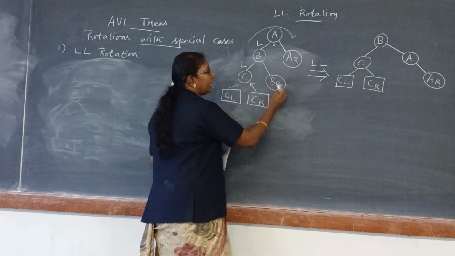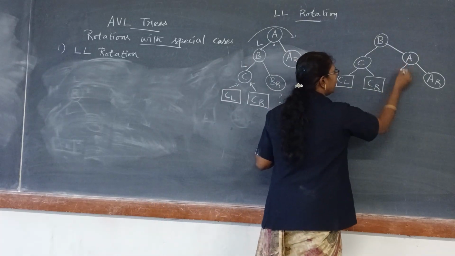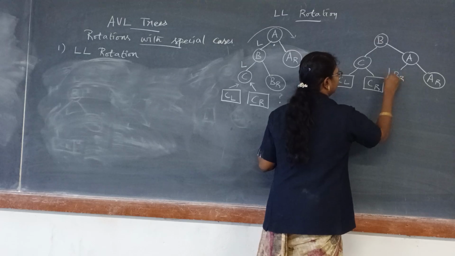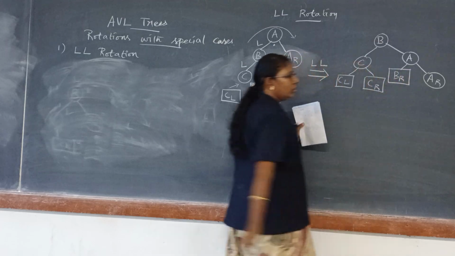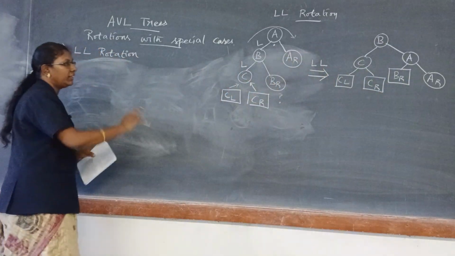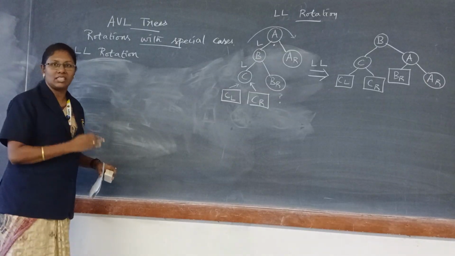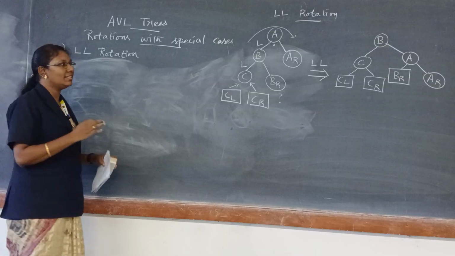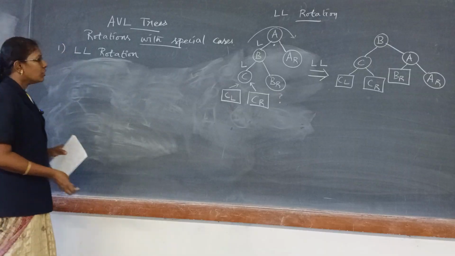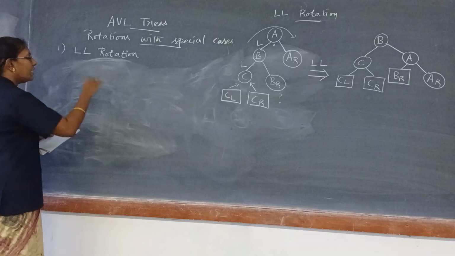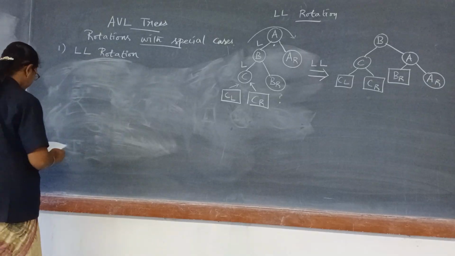It is simply attached to the left child of A. Okay, so in this method only we maintain the balanced structure of the binary search tree, which is called AVL trees.